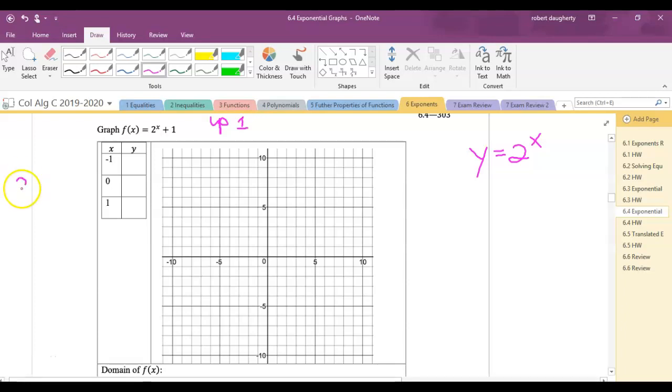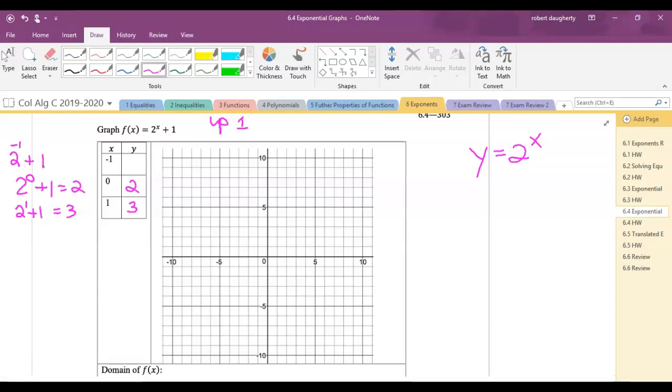Okay. So what is 2 to the 0 plus 1? What's 2 to the 0? 1. What is 1 plus 1? That's 2. Okay. What is 2 to the 1 plus 1? This is 2 plus 1. What number is that? 3. Okay. And then 2 to the negative 1 plus 1. What is 2 to the negative 1? Not negative 1/2. 1/2.